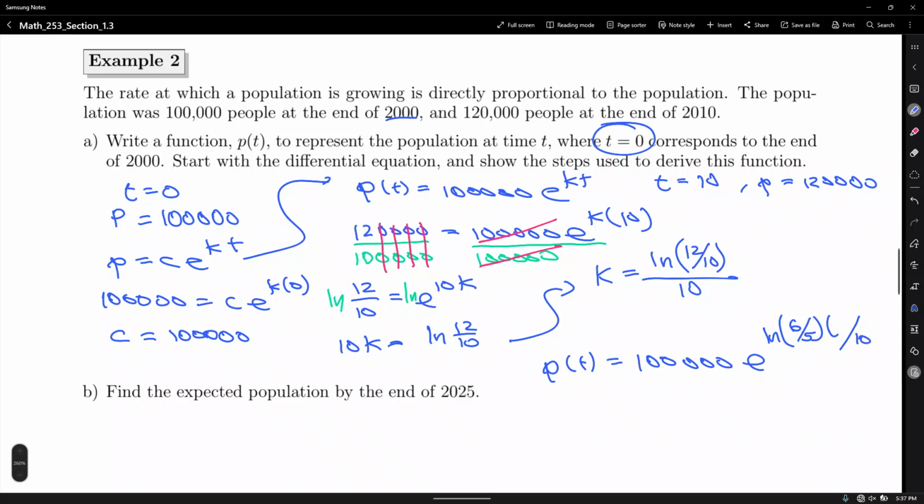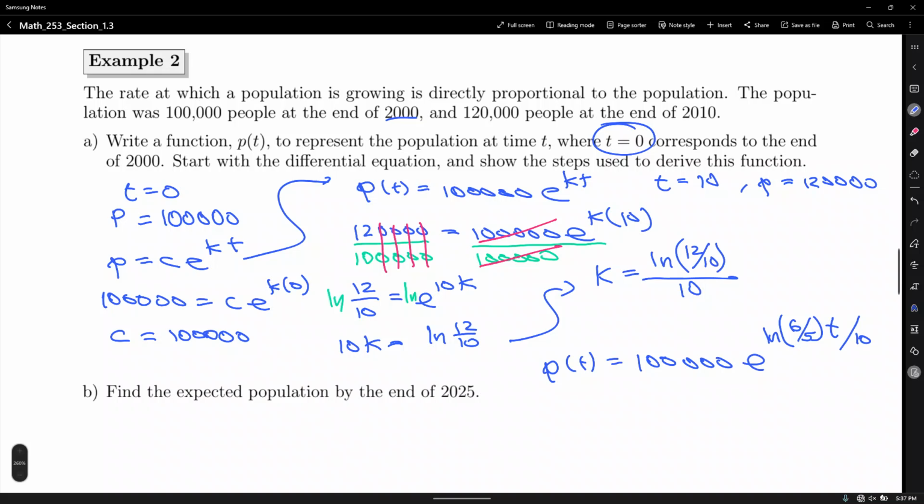So that's going to be our function for this situation, right? So that's the model for any year. That's the model we can use to predict the population size after t years, after 17 years, after 23 years, whatever, all right? So we have a model right now.